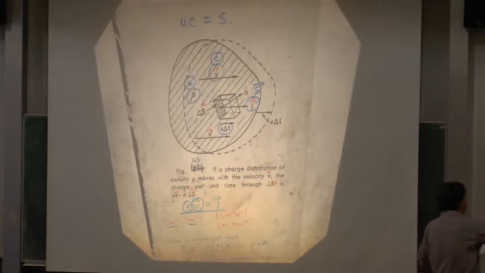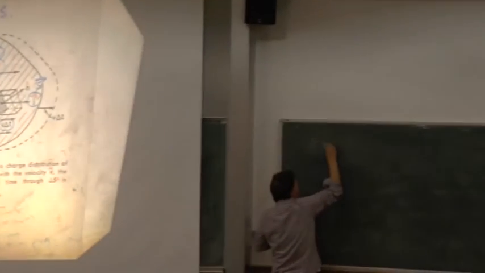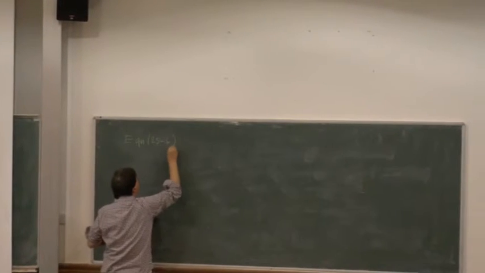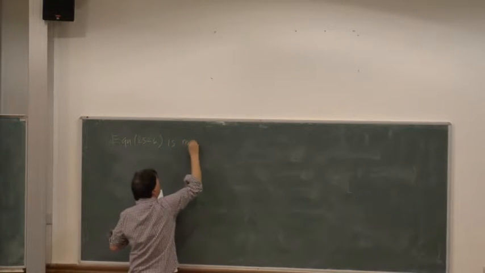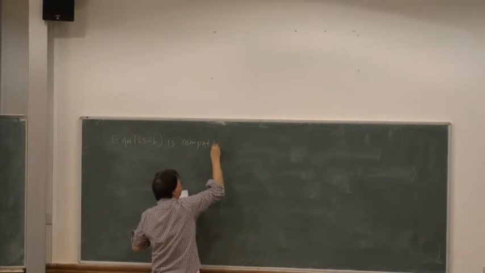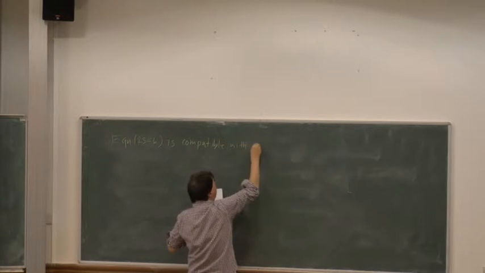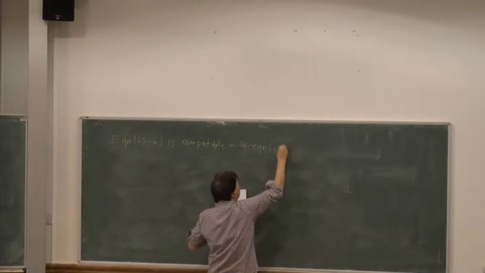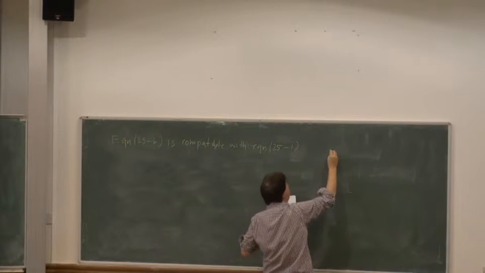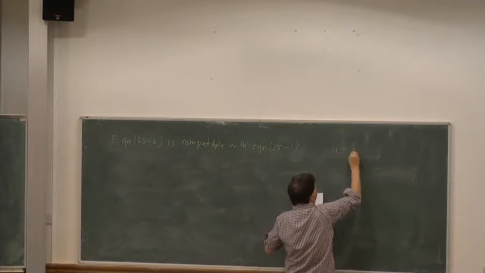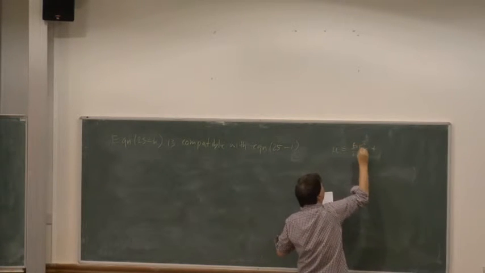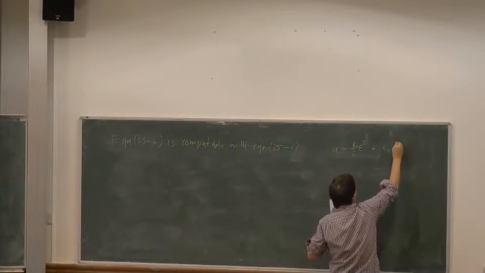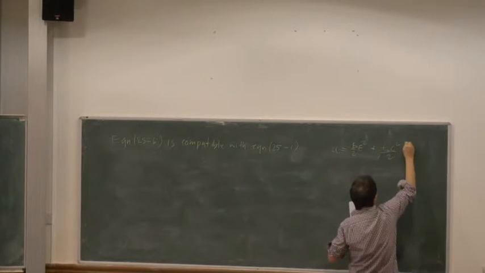Let's show that equation 25(6), the equation that I've left up on that board, is compatible with equation 25(1). Remember, equation 25(1) is that the energy density is a half epsilon naught E squared plus a half epsilon naught c squared B squared.